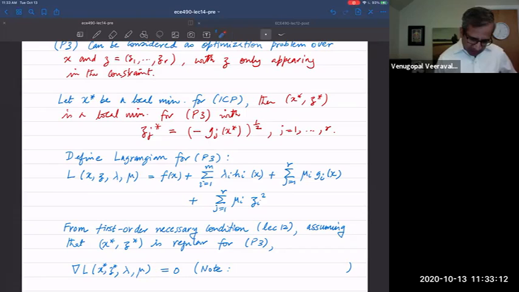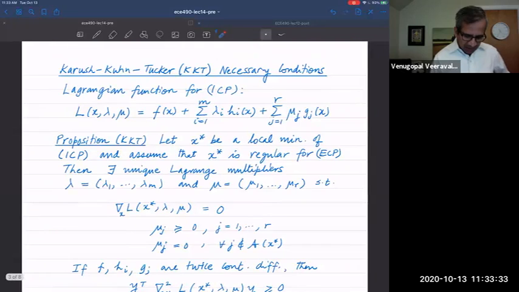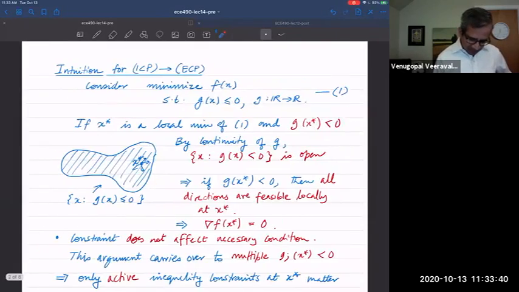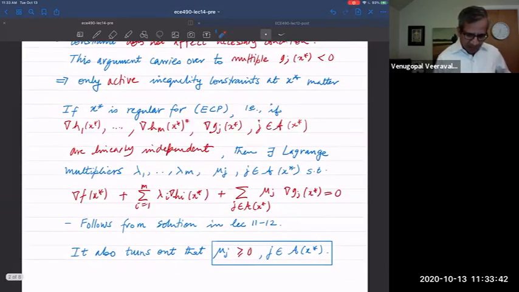Okay, so let's look at the first order necessary condition for the P3 problem. Again, we have to assume that the combination x star z star is regular for P3, but it'll turn out that that regularity condition is actually the regularity condition for the ECP problem that we stated previously, that only these guys have to be linearly independent.